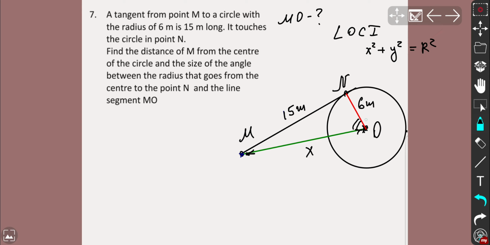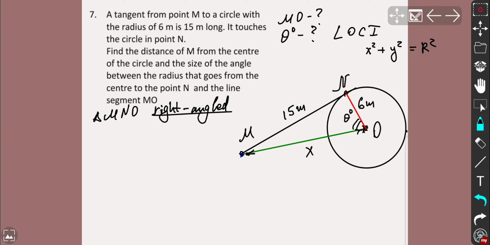So we need to define this angle. Let's set it up as theta. Theta also needs to be defined. What sort of triangle do we have? Definitely triangle MNO is going to be right angled. Why?